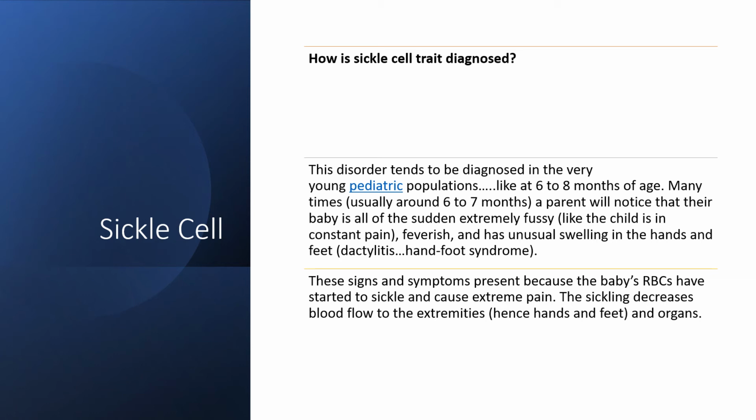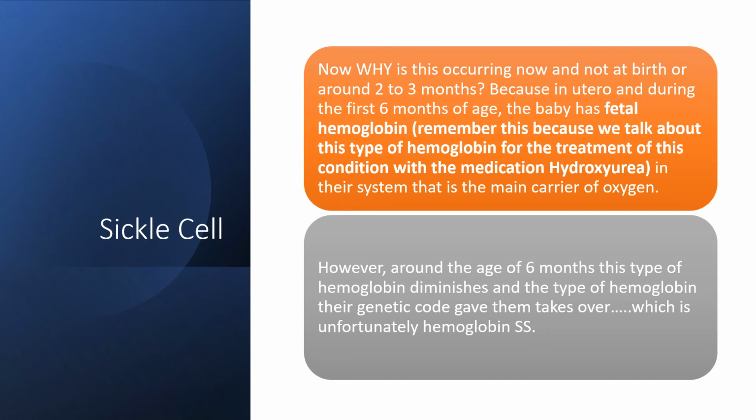Same thing. A mother may ask, why is this occurring now and not at birth, or around 2 to 3 months? It's because in utero and during the first 6 months of age, the baby has fetal hemoglobin. Remember this, because we talk about this type of hemoglobin for the treatment of this condition. One of the treatments is based on fetal hemoglobin, and they were able to take it and put it into a drug called hydroxyurea.